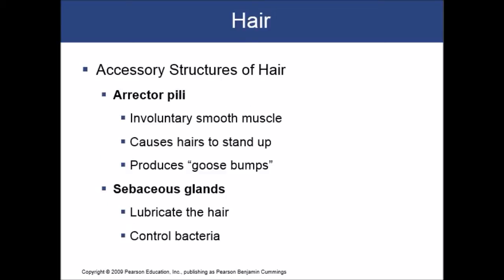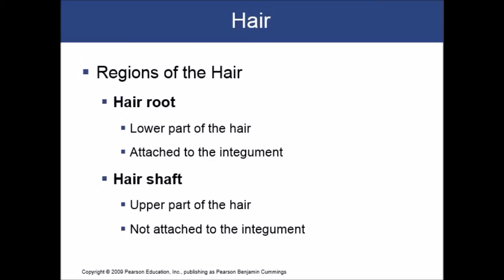Erector pili muscle, sebaceous gland. This is also important from all aspects. What type of gland? What does it produce? Any gland you see, you have to know the type of secretion and the function. Any gland: sebaceous gland, serous gland, ceruminous gland, any gland. Glands are important.